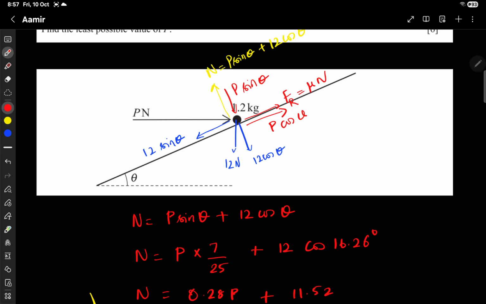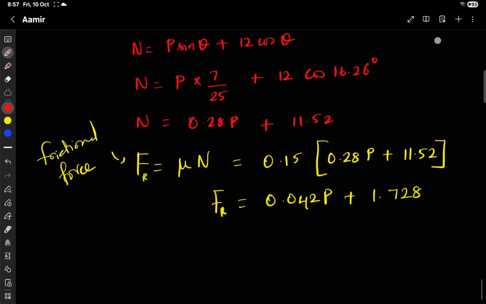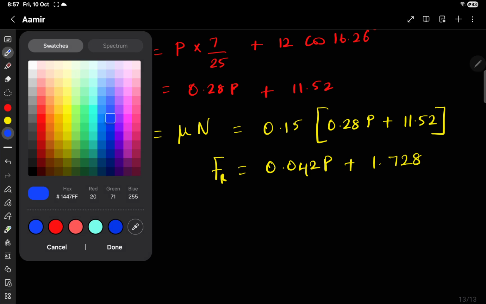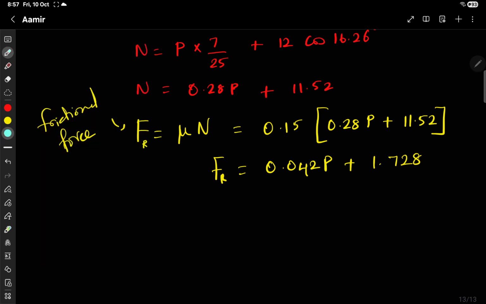Now down the plane the force is 12 sine theta, and up the plane it is FR plus P cos theta. So I can write that 12 sine theta is equal to FR plus P cos theta.